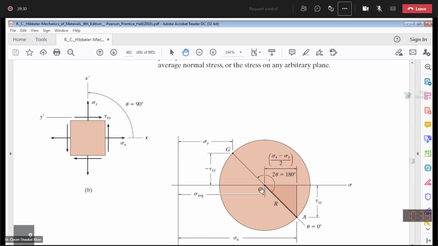If you are clear with A, C, and G, then I will proceed further.